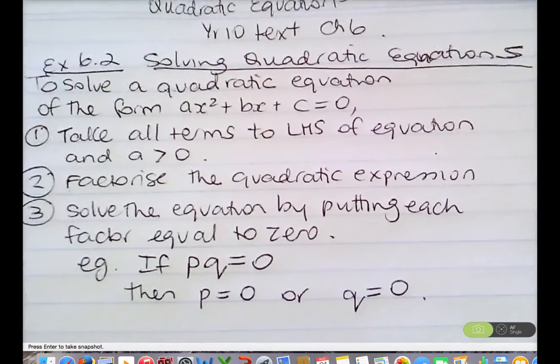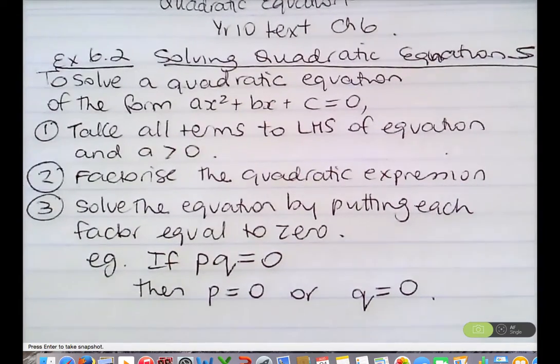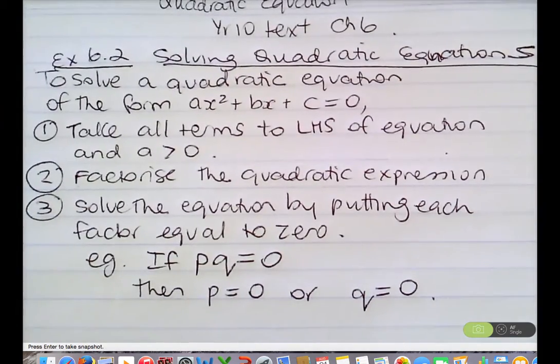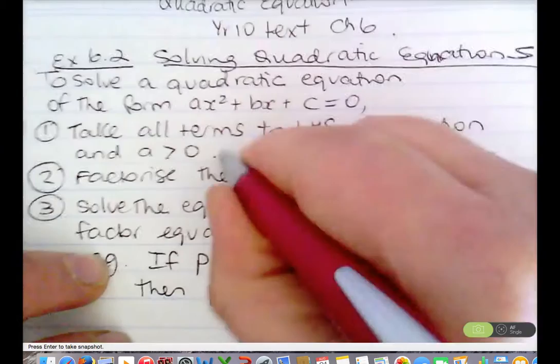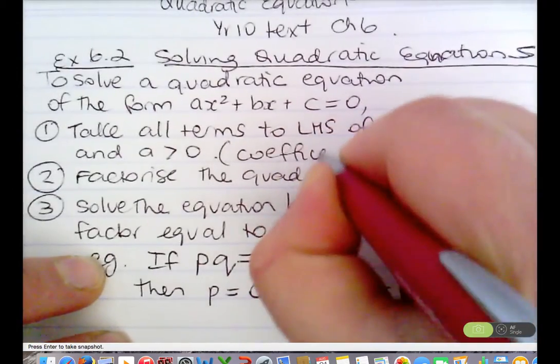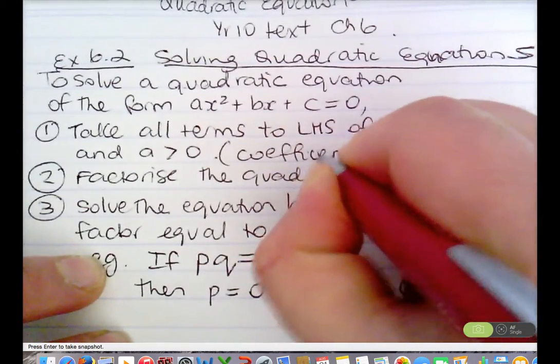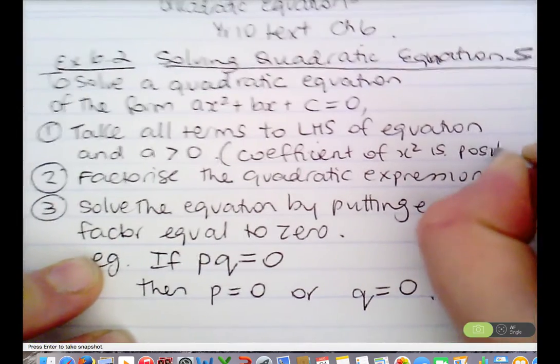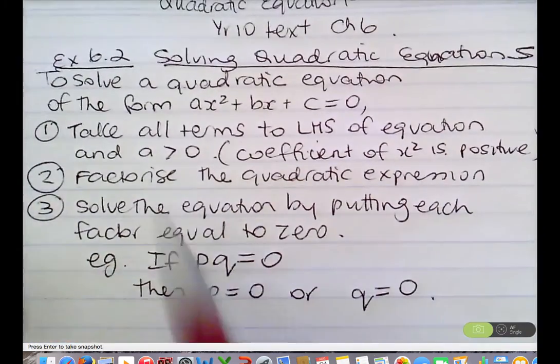These are the rules. So to solve a quadratic equation of that form, make sure everything's on the left-hand side and that you haven't got like -2x squared. The a, which is the coefficient of the x squared, has to be positive. That's what a is greater than 0 means. I did write it here.